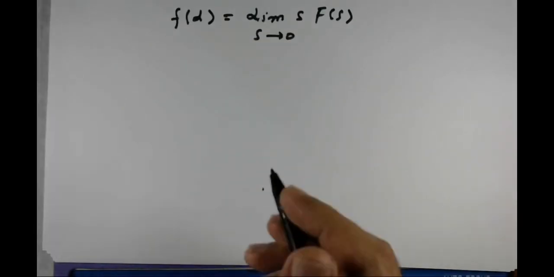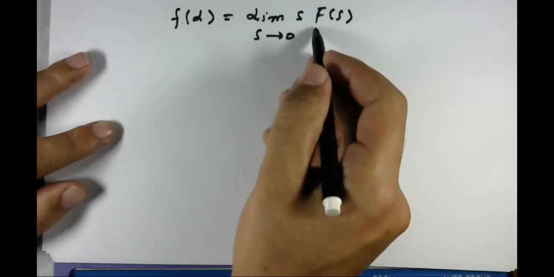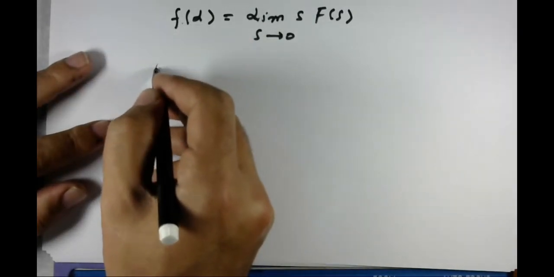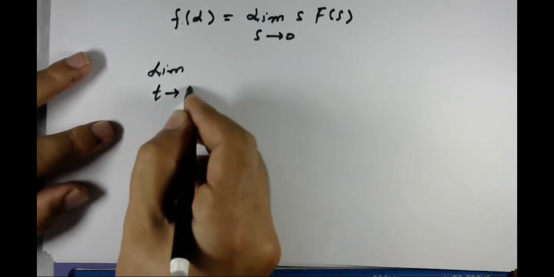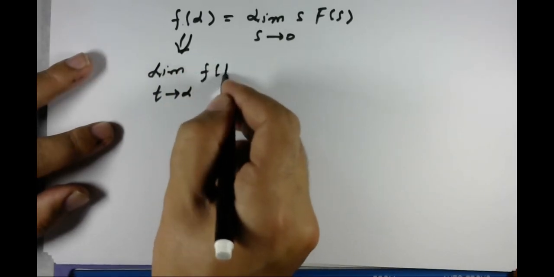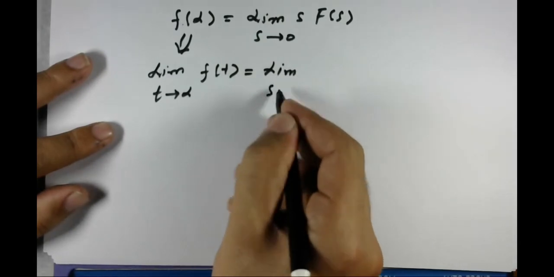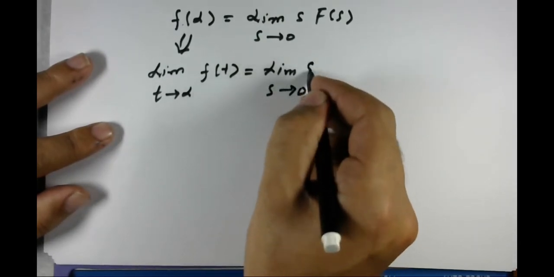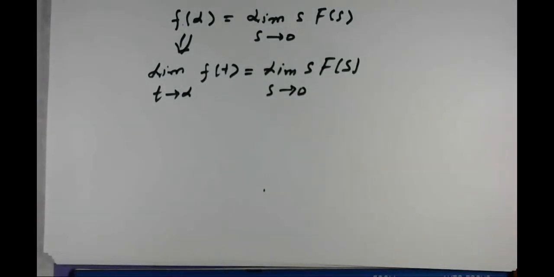Okay, now what is this? This is the time domain, and this is the s domain. So we can say, let's say, the limit as t approaches infinity of f(t) is equal to the limit as s approaches 0 of sF(s), right?